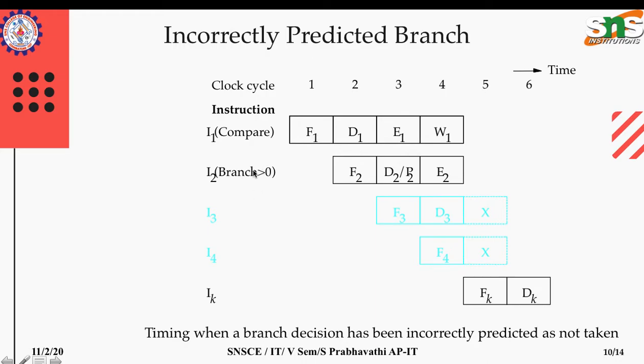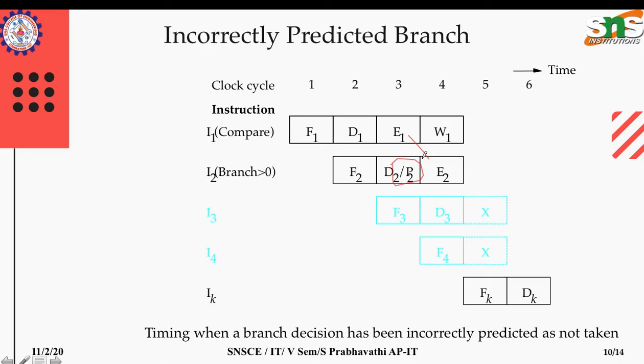Suppose we are predicting at cycle 3, during decoding, and the prediction goes on fetching instructions 3 and 4. See here, if instruction I2 depends on the I1 value, the I1 value will be available only after cycle 3.